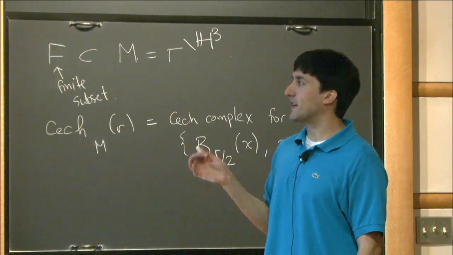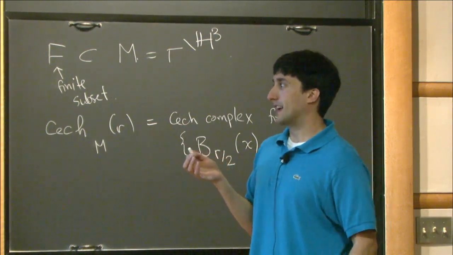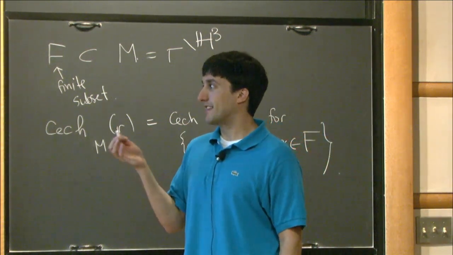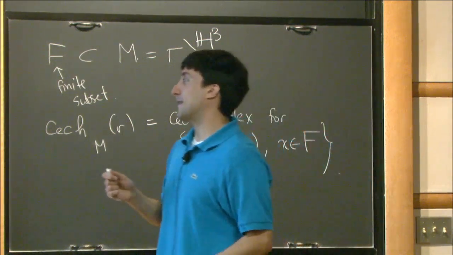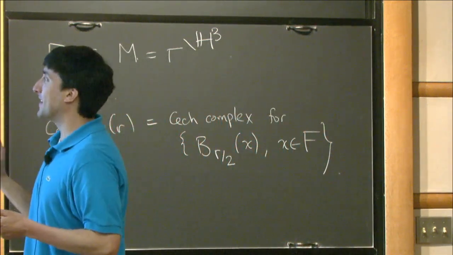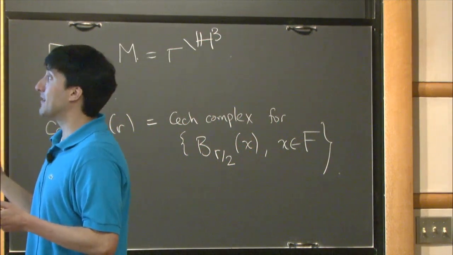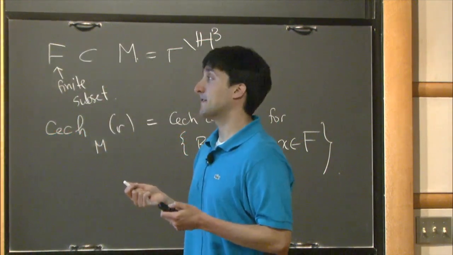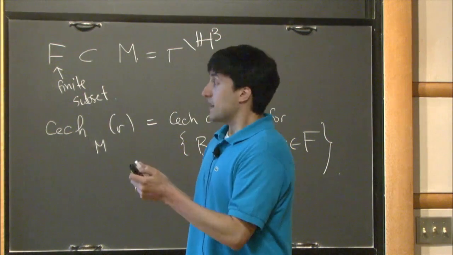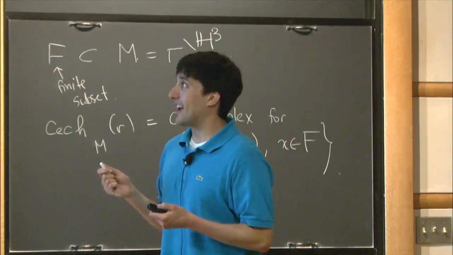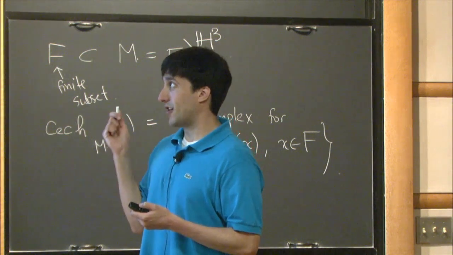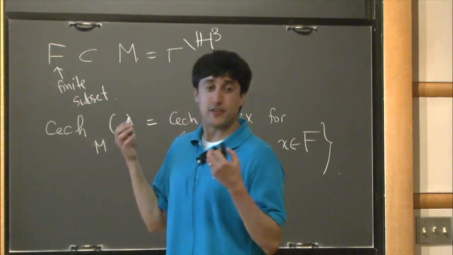It's going to be on the order of something like 6 to 8,000, something like that. But I don't have the complete information yet. Okay. So the Čech complex evidently is somewhat hard to compute.